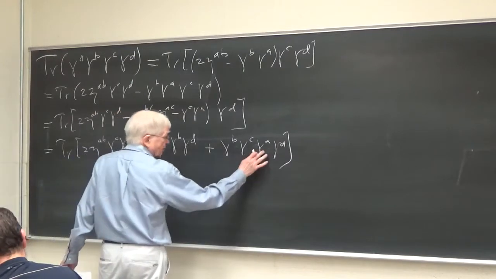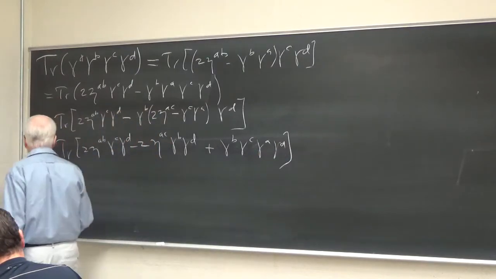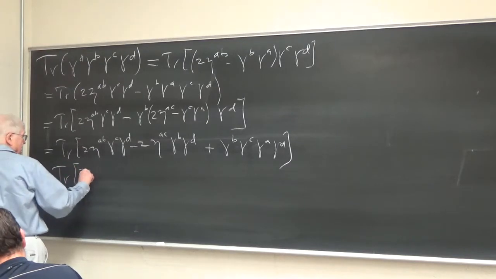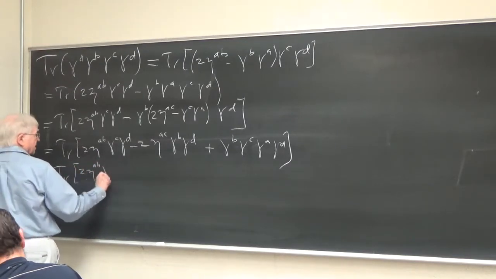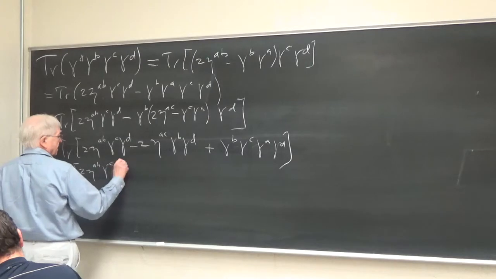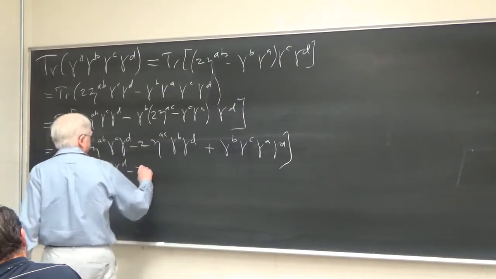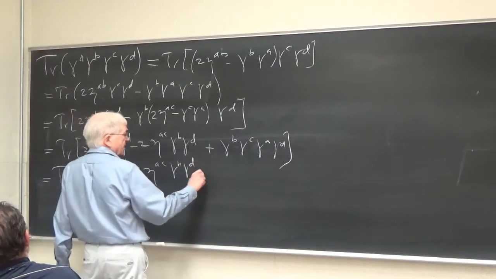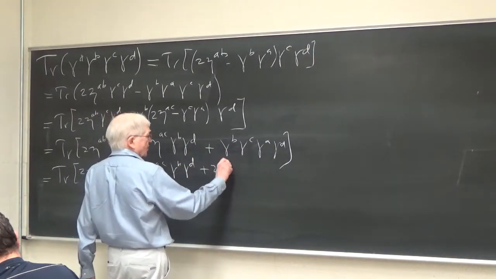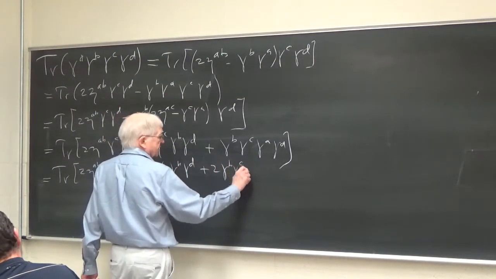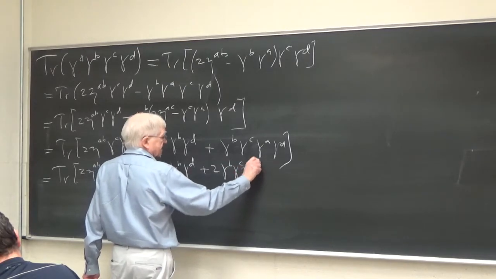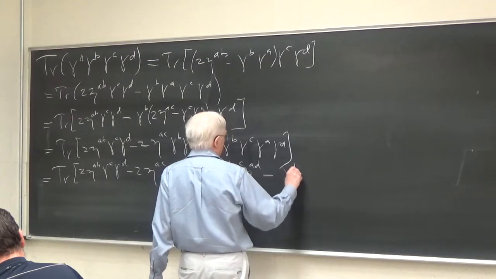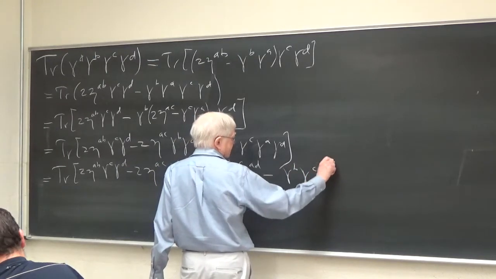Now we move the γ_A to the right one more time. We get trace 2η_AB γ_C γ_D, minus 2η_AC γ_B γ_D, plus 2 γ_B γ_C η_AD, minus γ_B γ_C γ_D γ_A.